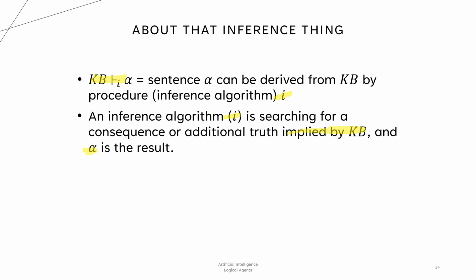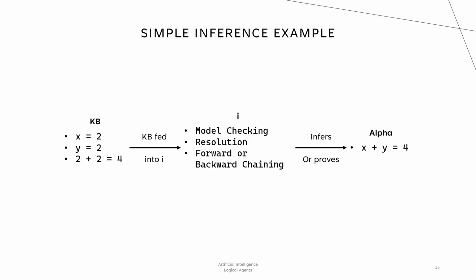We're just trying to conclude a more precise, more insightful truth from all the things that we know. A simple example: let's say we know that x equals 2, y equals 2, and 2 plus 2 equals 4. We run an inference algorithm on it, and we may prove that x plus y equals 4. This is more insightful than some of the knowledge that we had before, and it infers from knowledge that we know to be true.